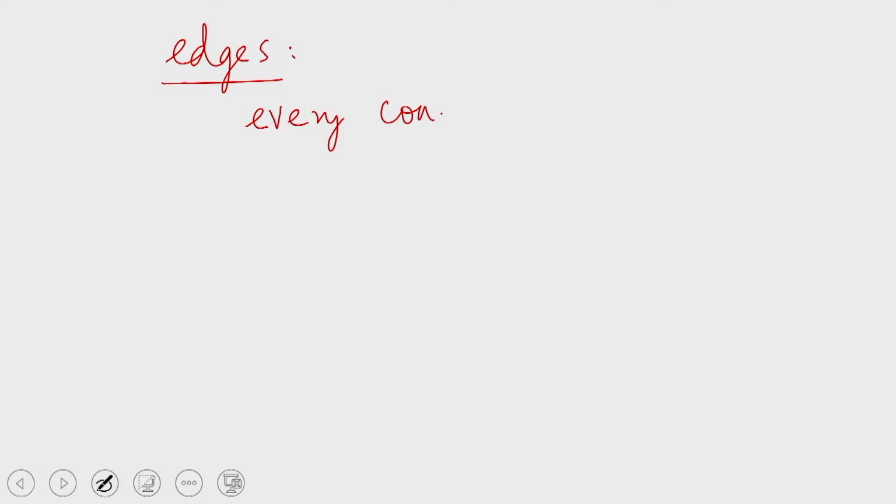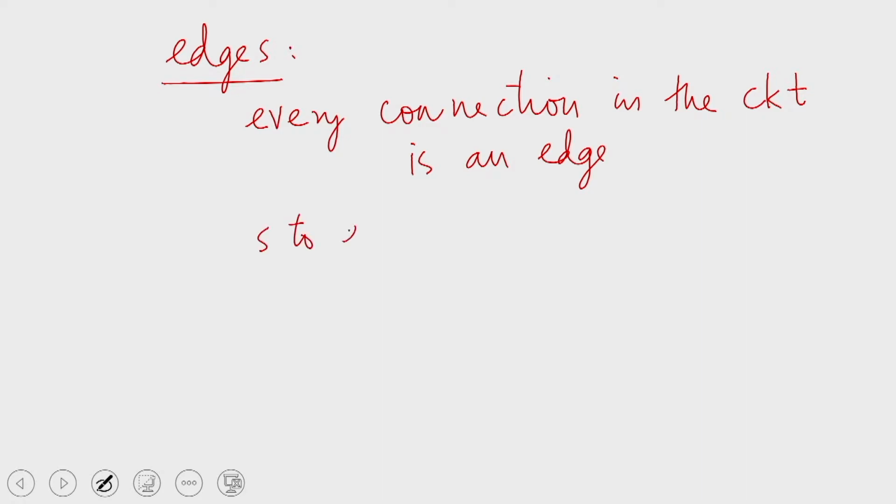Every connection in the circuit is an edge. There is a connection from S to every input gate or an input value. Every S will be connected to every input. So this is an edge which is directed from S to I when Gi is an input.